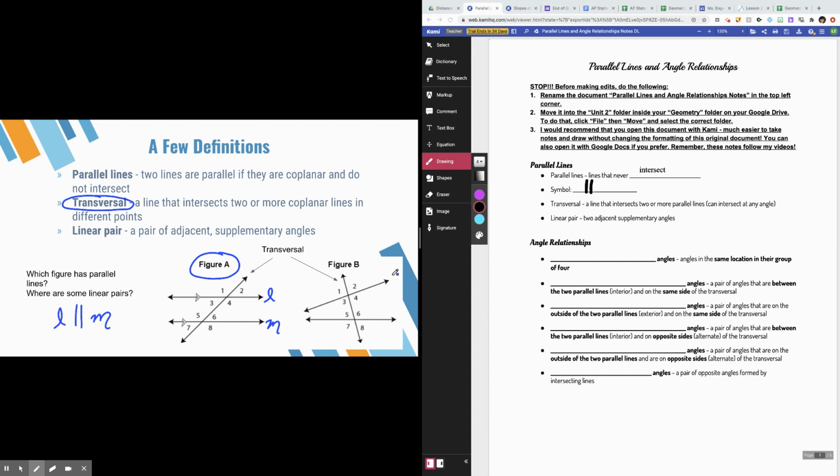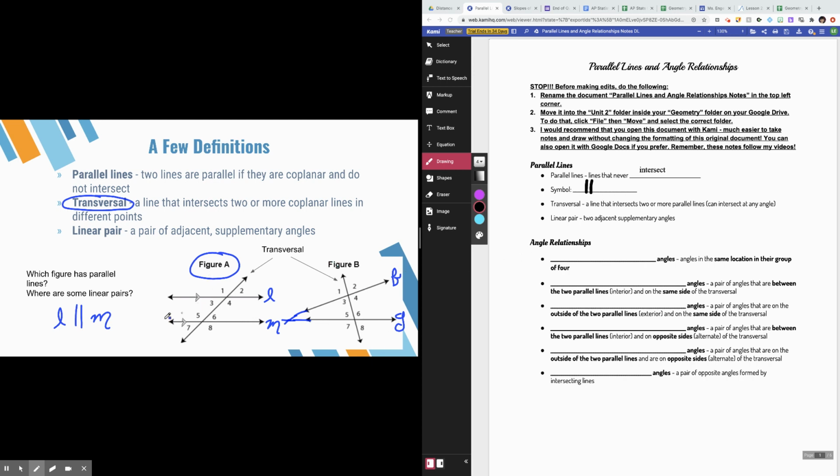So for example, in figure B here, you have these two lines that are definitely not parallel, because if we extend them just a little bit, it looks like they're going to intersect, right? Those are definitely not parallel. But you can still have a transversal that cuts through them, okay?